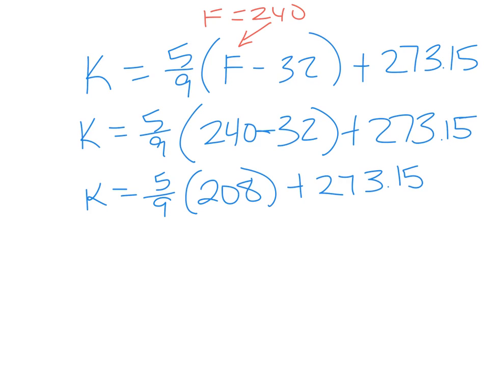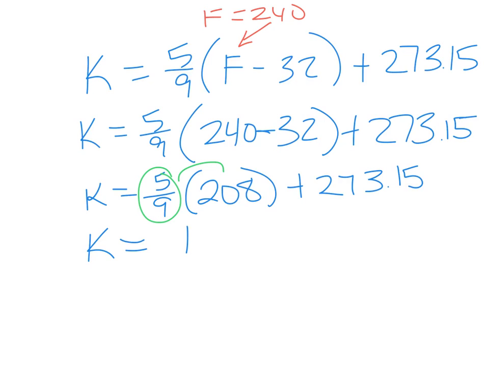So now I'm going to do 5/9 times 208. Actually, Anthony's going to do it because he's got his calculator ready. What'd you say? 5/9 times 208. It gives a fraction over something. Give me the decimal.